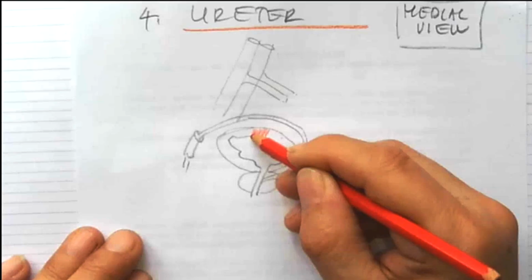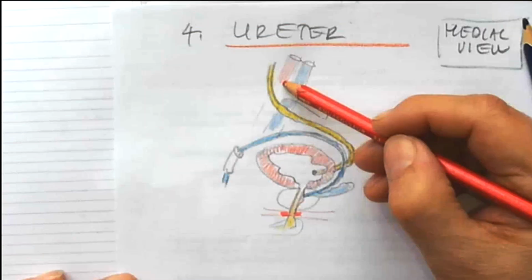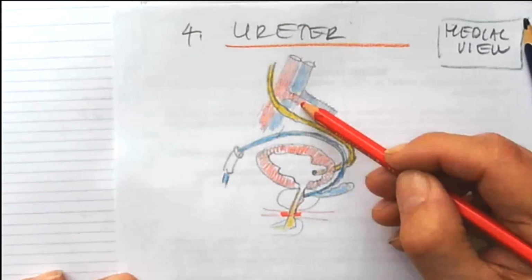Okay, this is the ureter, and finalizing the drawing, coloring now the veins. This is the external iliac vein and the internal iliac vein, and here using red is the common iliac, external iliac, internal iliac.